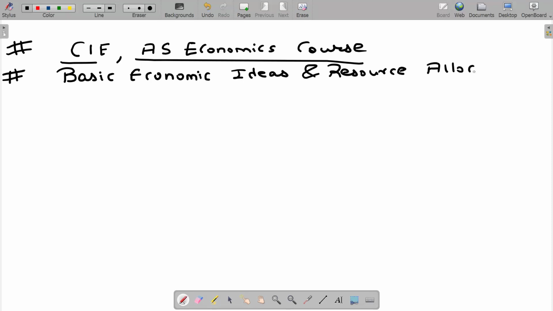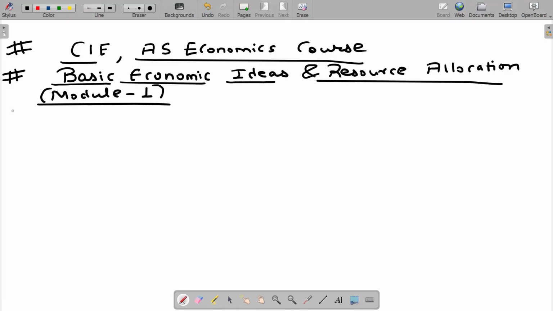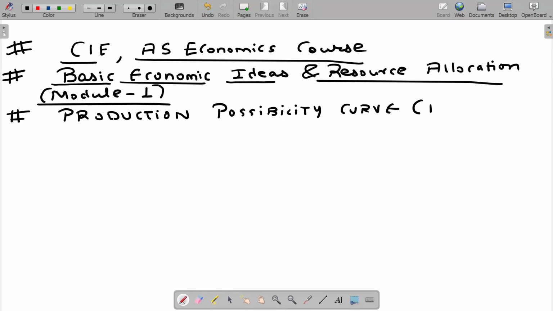Okay, this is the first module, module 1. And within this module, the concept which we are looking at is the concept of production possibility curves. Production possibility curve. Short form, we often call it PPC.